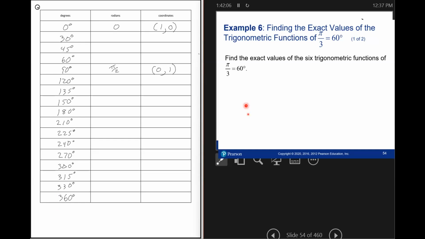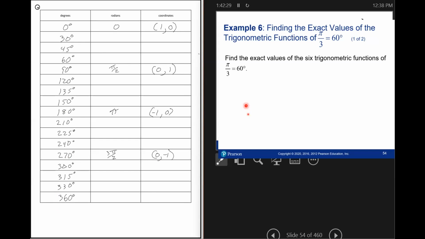Oh, I didn't go through here. 90 degrees was pi over 2, 180 degrees was pi, and the coordinates there were -1, 0. 270 was 3 pi over 2, and the coordinates there were 0, -1.